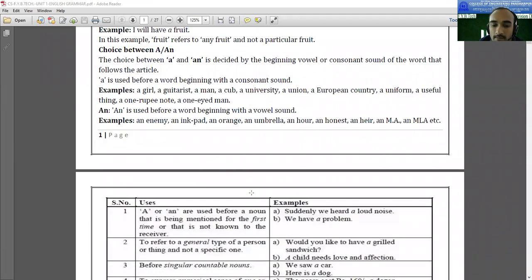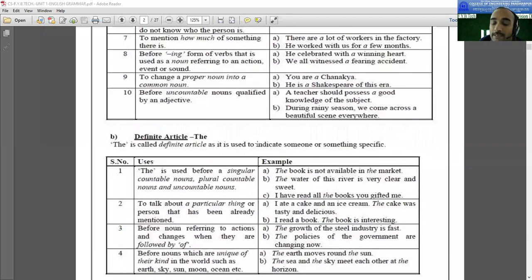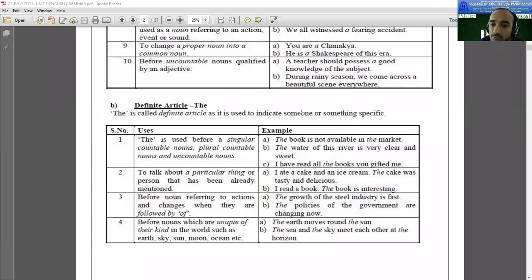The article the is used for indicating something or someone specific or particular, and not general.